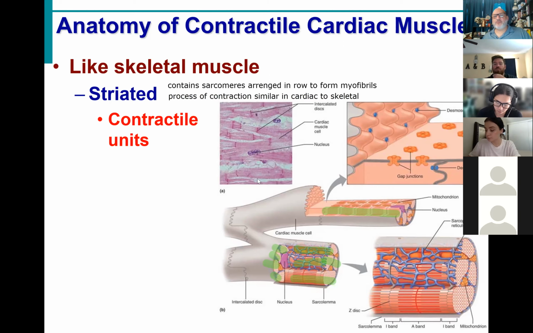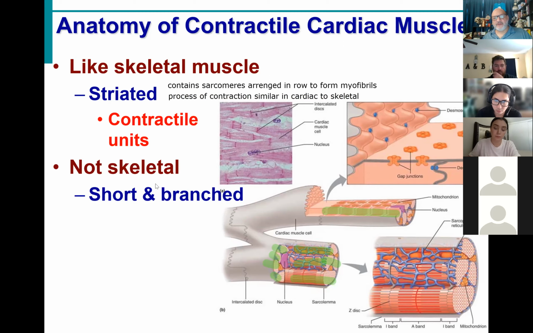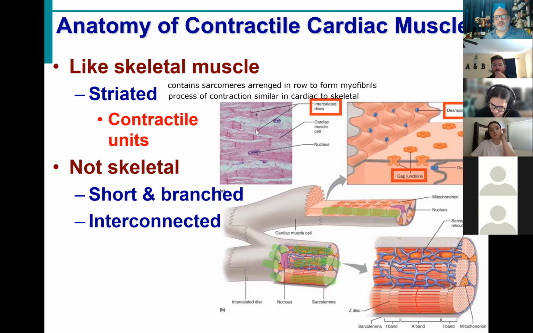While it has those myofibrils, those sarcomeres, those stripes, it's not identical to skeletal in that it is short, branching shaped cells. They have those special intercalated discs that connect it from one cell to another. And notice, conveniently enough, on our illustration, it shows how those intercalated discs contain gap junctions for the rapid diffusion of ions and desmosomes to lock everything together.